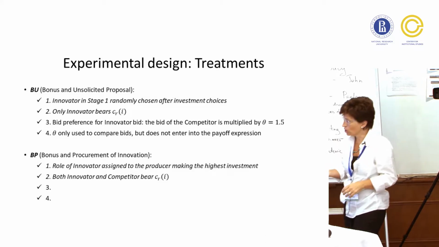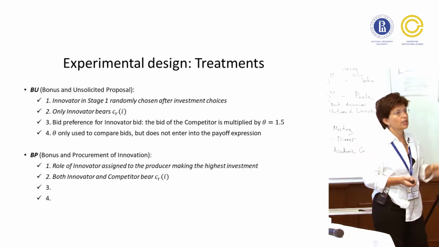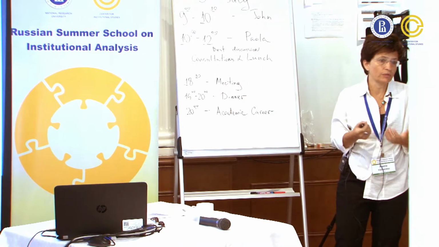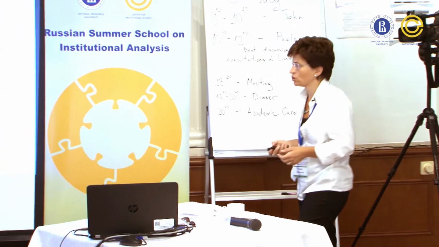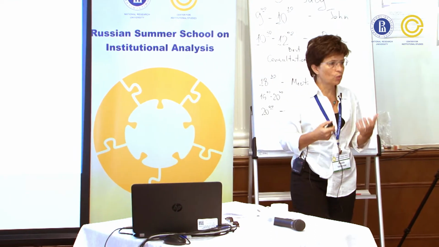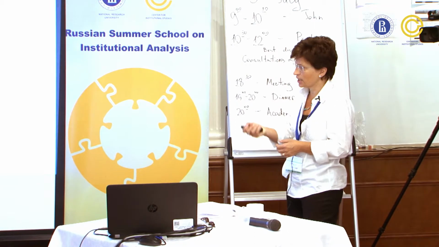Okay? And moreover, both the innovator and the competitor in the procurement of innovation bear the investment cost in innovation. The other two elements, that is the bid preference for who will be the innovator according to this different setting, are exactly the same.